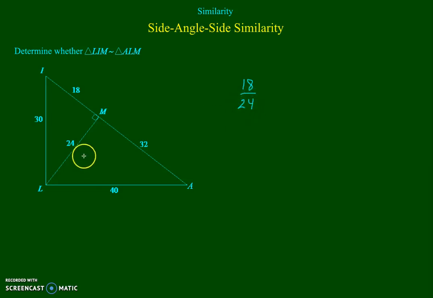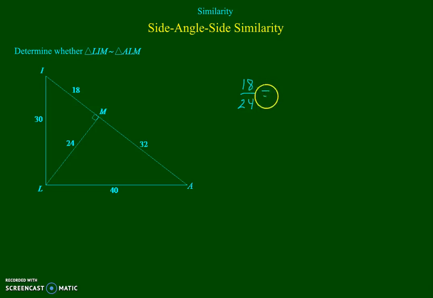So just to try and avoid confusion, we had IM on this triangle here corresponds to LM in this triangle. This side is not part of this one. So it's this side in this triangle, 24.